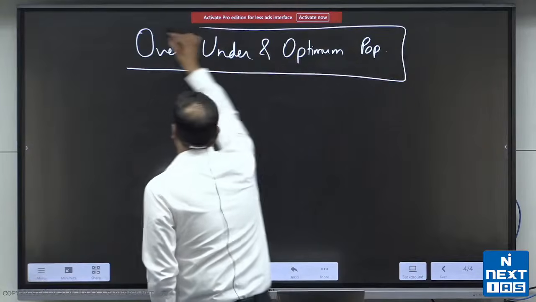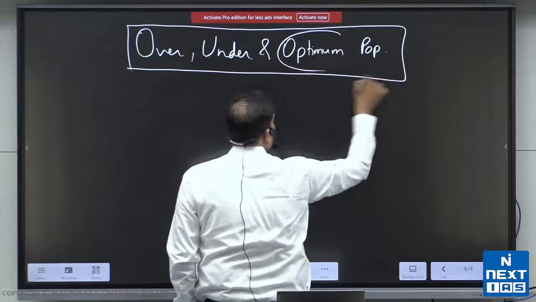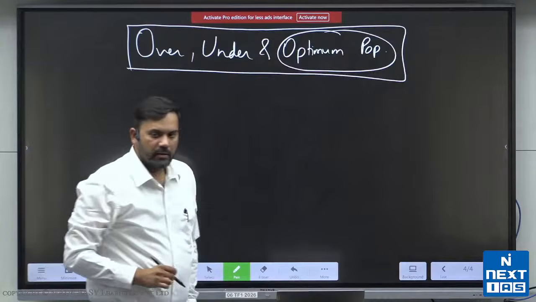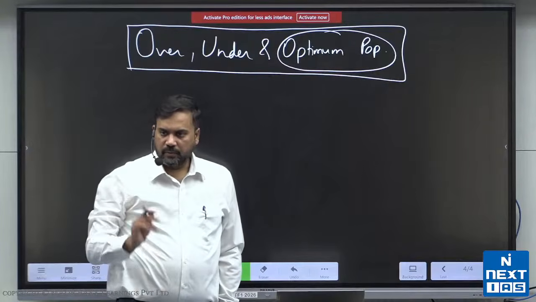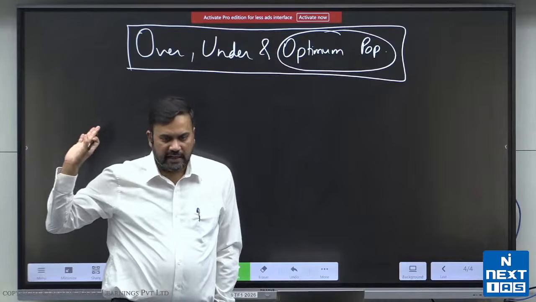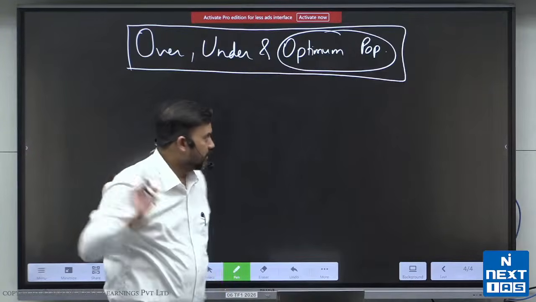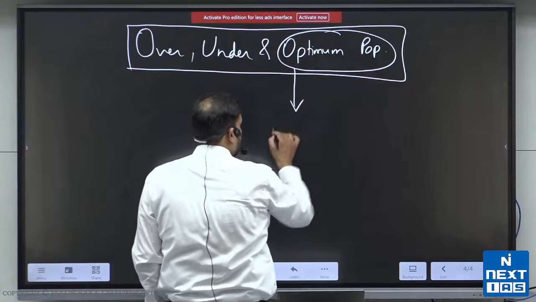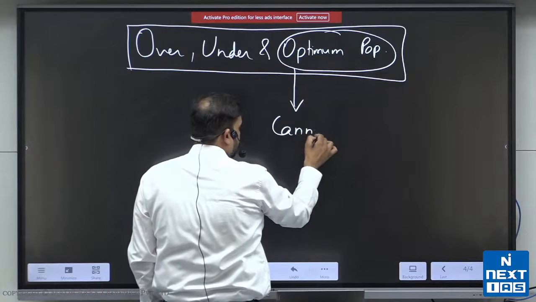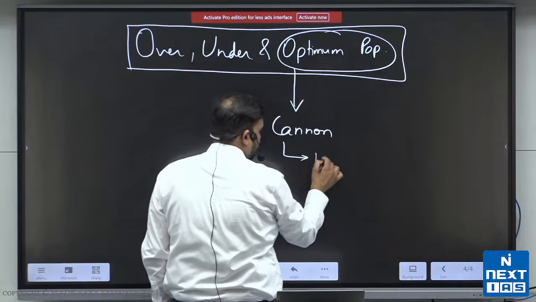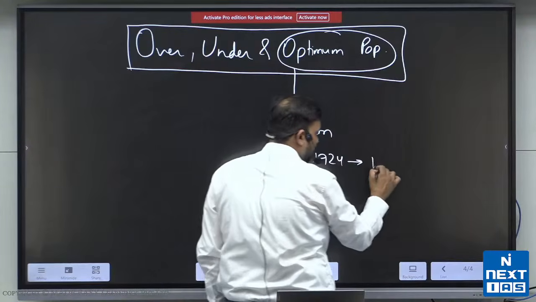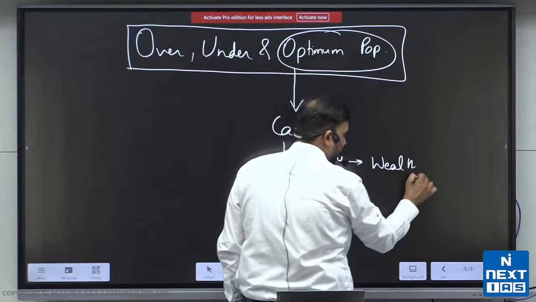In this, one of the most sought-after ones is the idea of optimum population. Optimum population was given by Cannon in 1924 in his book Wealth. It is written in the material. So this idea was given by Cannon in 1924 in his book Wealth.